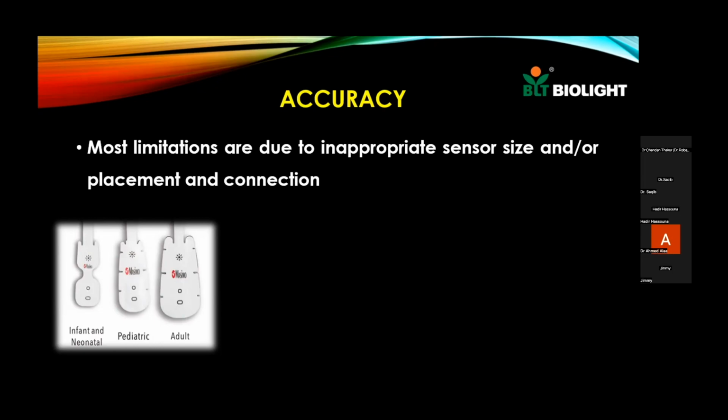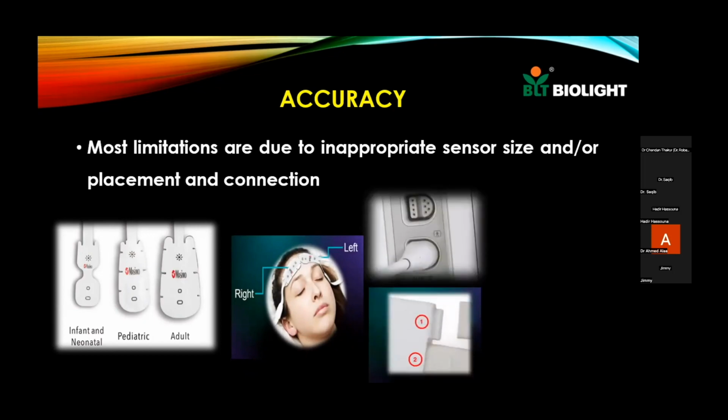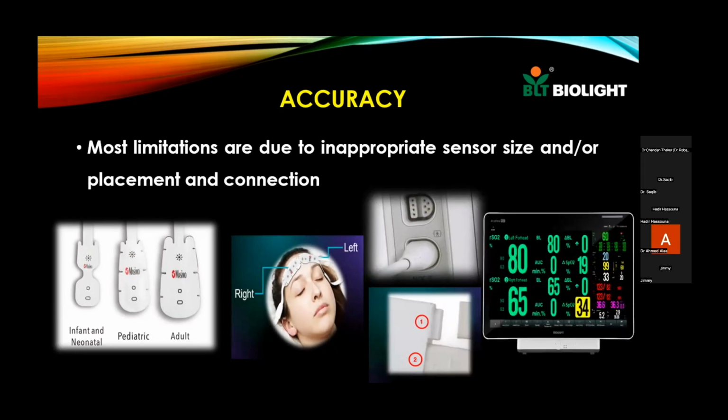All of these are pediatric. So we have to use a specific sensor, the placement should be tight and in place, and the connectors should be secure, using easy connectors for that. And so the monitor will read continuously the saturation or regional saturation that I need.